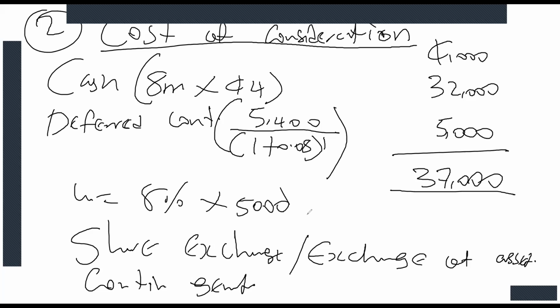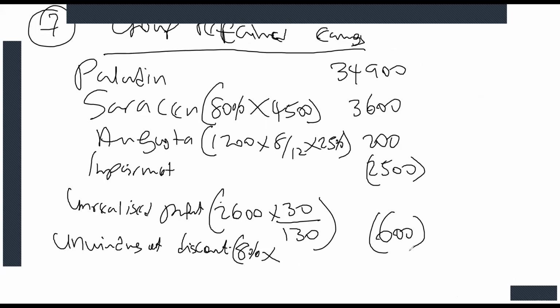Normally, I calculate it right after the cost of consideration. What do you get? You get 400. Put it inside brackets again.